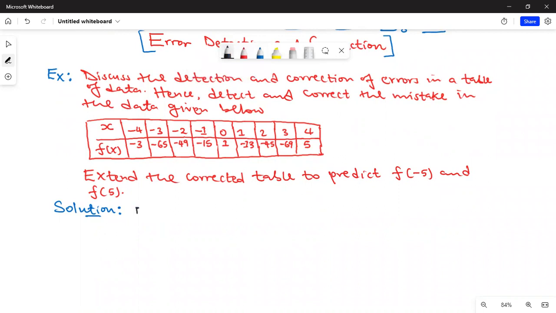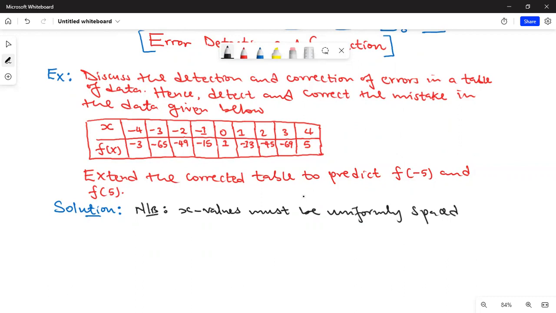So take note, NB: x values must be uniformly spaced.